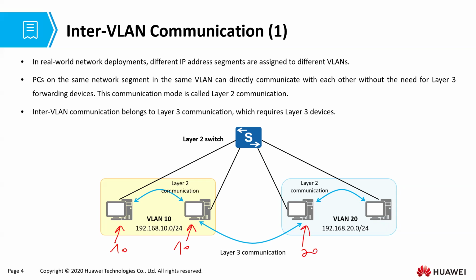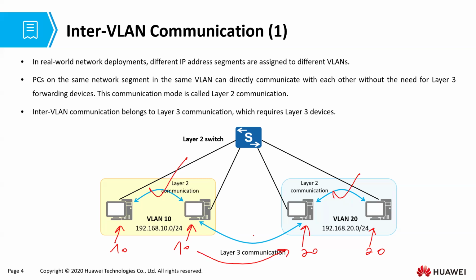Then we have other devices here in VLAN 20. The idea around inter-VLAN is to allow communication between two different VLANs. If you configure your VLANs, communication between these two devices is okay. You can do that just by using a layer 2 device. Communication between these two as well, you can use a layer 2 device.